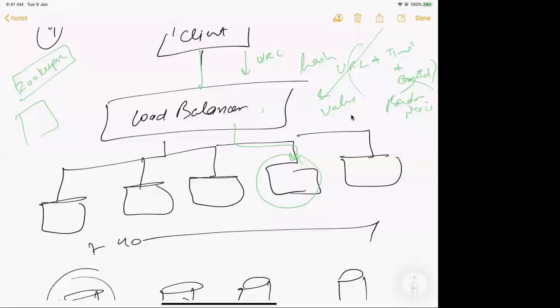But the point still remains: how will that service realize if that URL is already created or not? Again, you will have to store that information. Does that make sense? Yeah. And would you be able to store all the hashes that you ever generated in a cache, or would you want to store all of them in a DB? Cache will not work, I guess, because we need all the data.